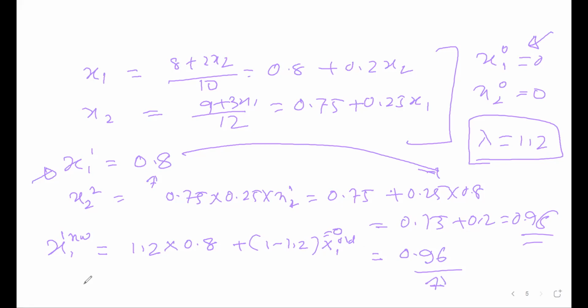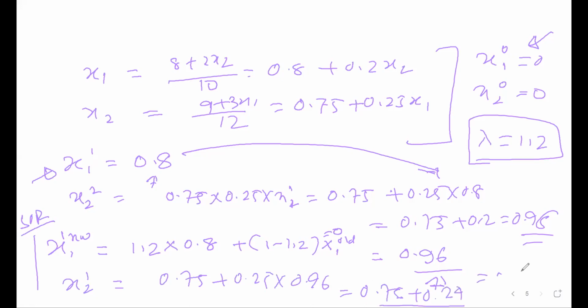This is now SOR, successive over relaxation. The next x2 value would be equal to 0.78, and that is equal to 0.75 plus 0.24, which is 0.9. You understand the thing? You got the logic?